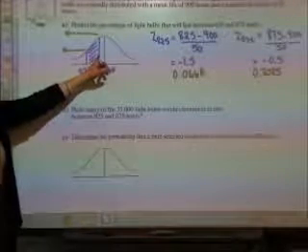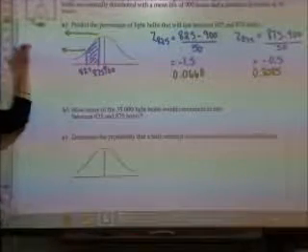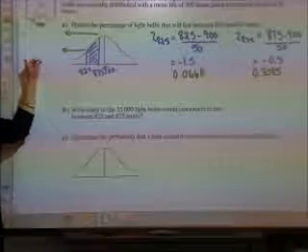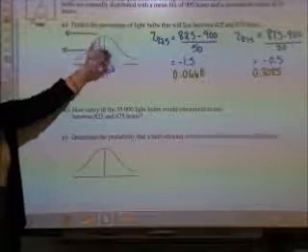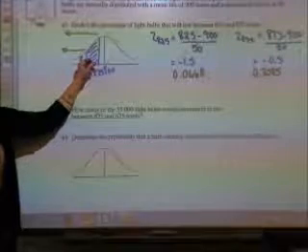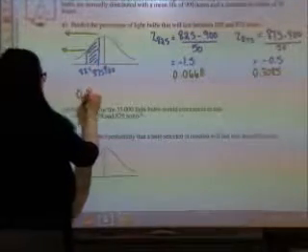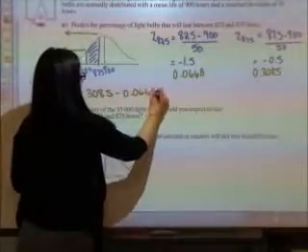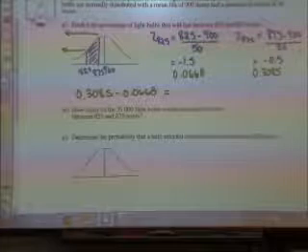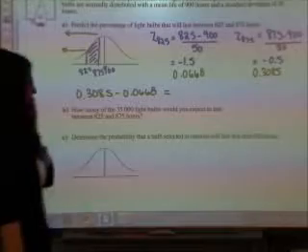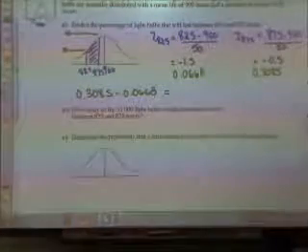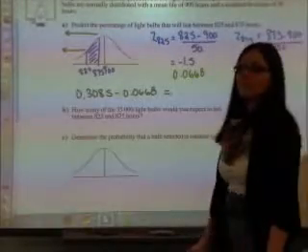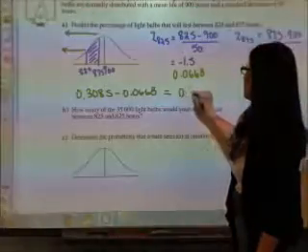So I would subtract the area, the 0.3085, because that's everything to the left, and this is everything to the left, and I'd be left with this part in between. Does that make sense? And what do I get when I subtract those two areas? 0.2417.